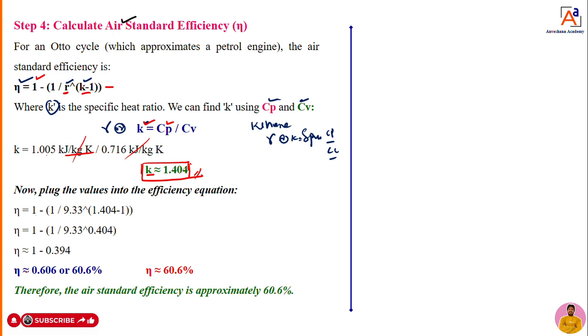Do the simplification and you are going to get efficiency equal to 0.60. Multiply with 100 and you will get 60%. So the air standard efficiency is approximately 60.6%. Okay, first parameter is done.